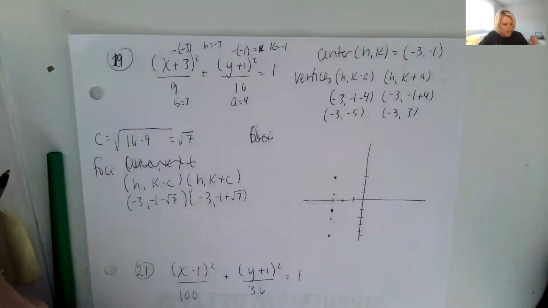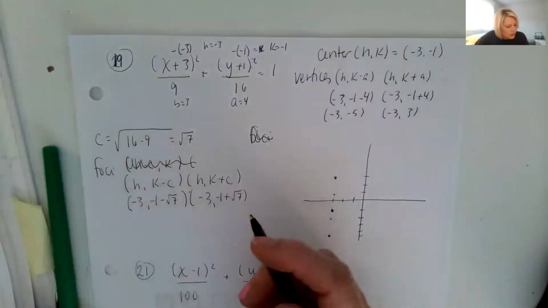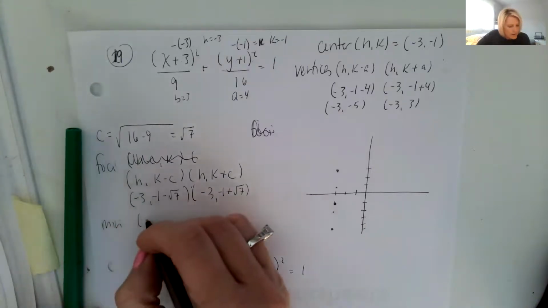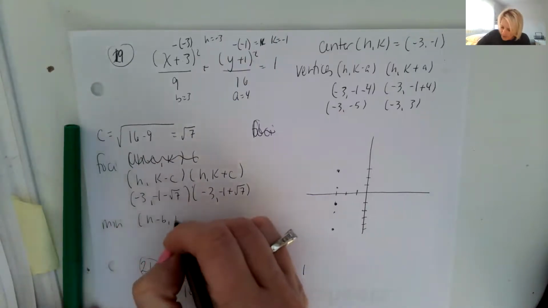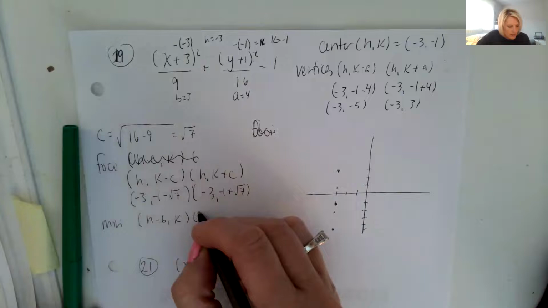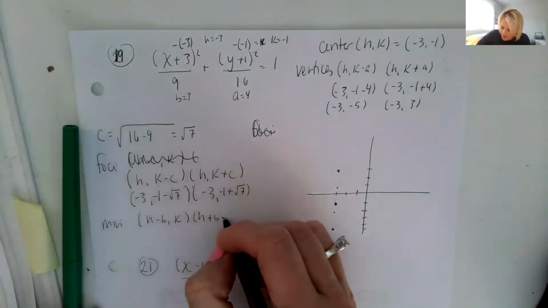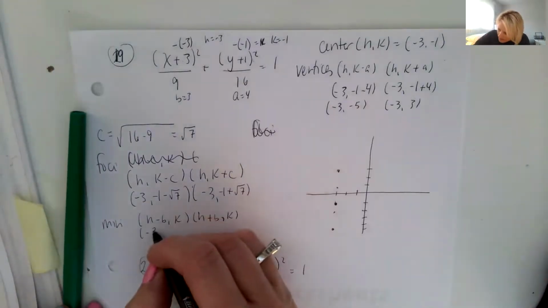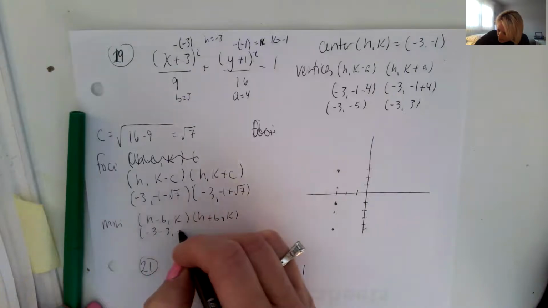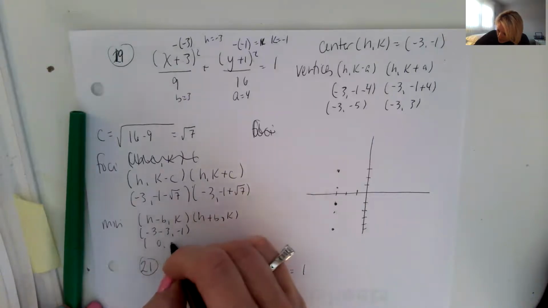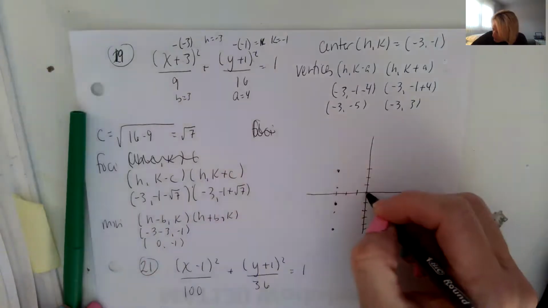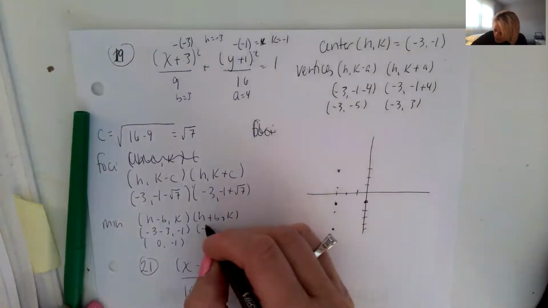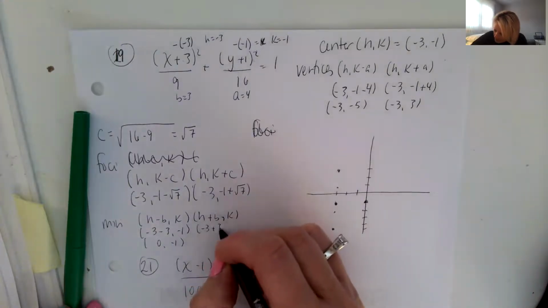Our minor axis, I want to make sure I draw that correctly too. Our minor axis is going to be at h minus b and k, and then h plus b and k. So h being negative 3, subtracting 3 and k of negative 1, so 0, negative 1, and then negative 3 plus 3.